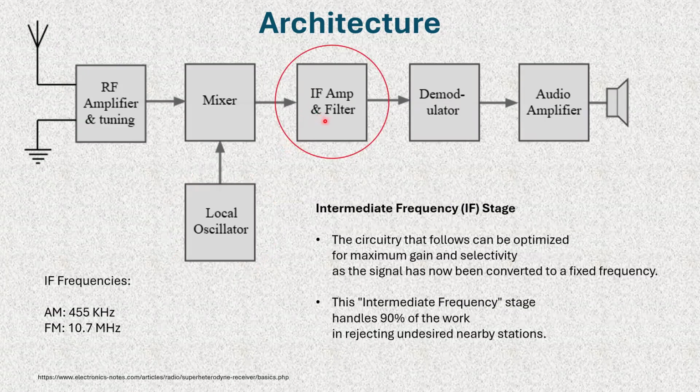Here's the IF filter, amplifier input. The IF, intermediate frequency stage, the circuitry that follows, can be optimized for maximum gain and selectivity, as the signal has now been converted to a fixed frequency.